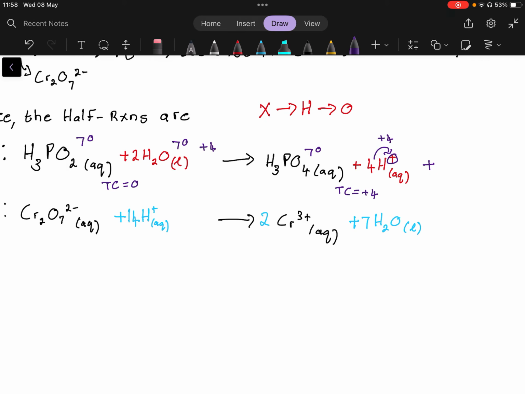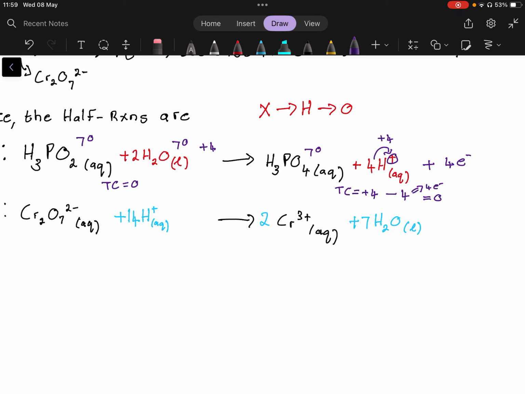And on this side, so this side is 0, that's fine. This side is +4. And electrons carry a charge of -1. So how can we then balance the right-hand side? We need -4. So that implies 4 electrons that we need. So we add here 4 electrons. That will balance the +4 charge.